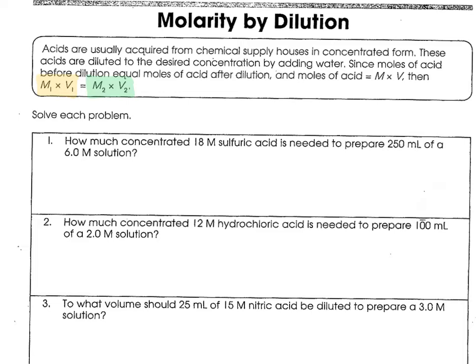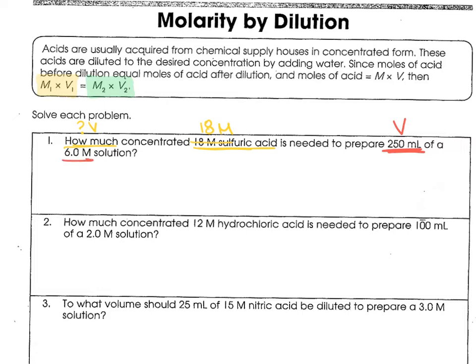If I look at this first problem, it says how much concentrated 18 molar sulfuric acid is needed. So I don't know this volume, but I know this molarity, or concentration, is 18. It's needed to prepare 250 milliliters. This is a different volume, so I'm using a different color to highlight it.